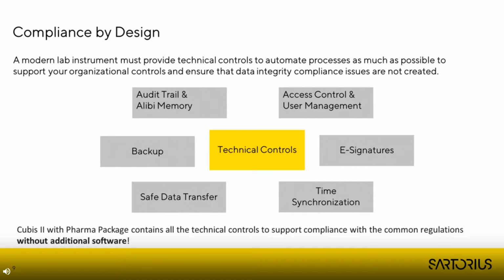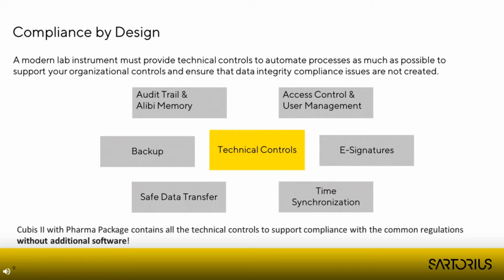Very useful is also a time synchronization feature. It should have a backup functionality, and it should provide different interfaces and protocols for the safe data transfer of the results into another software system like LIMS or ELN.